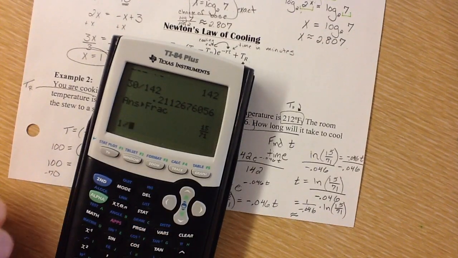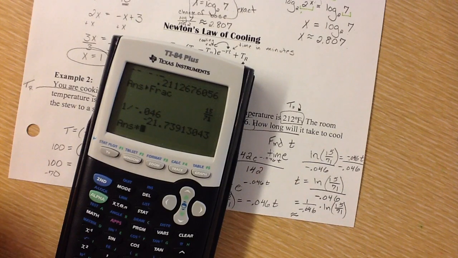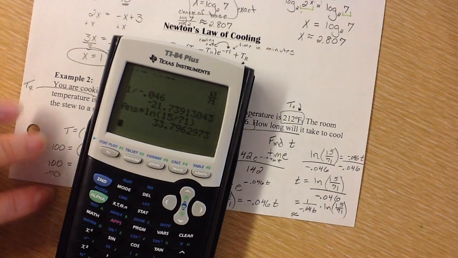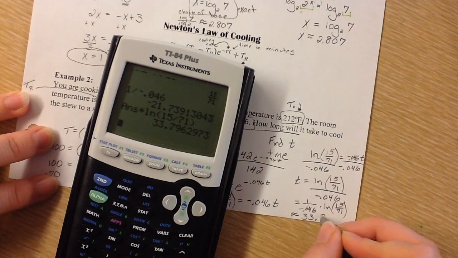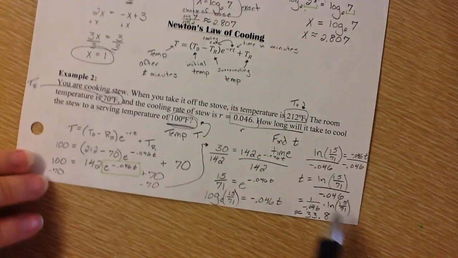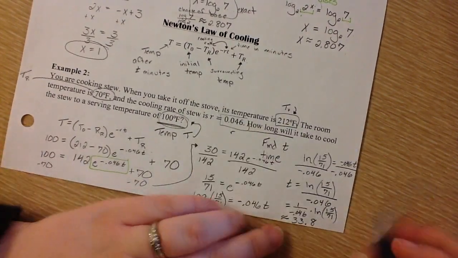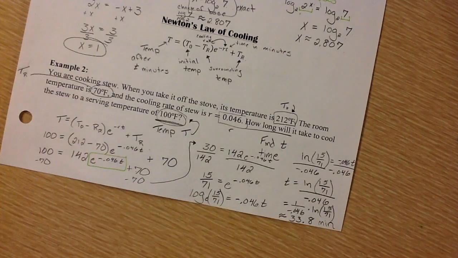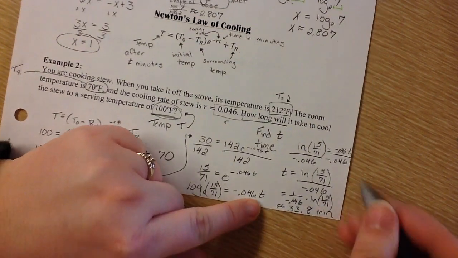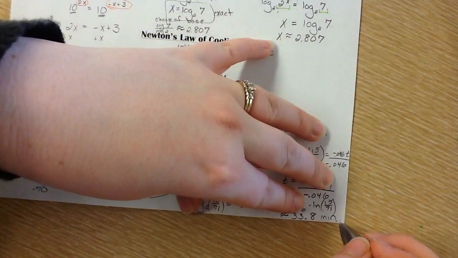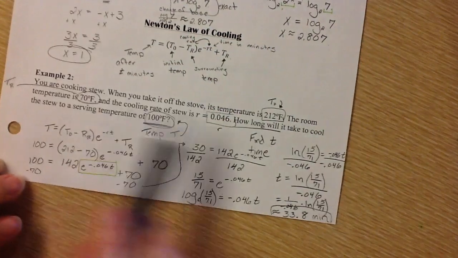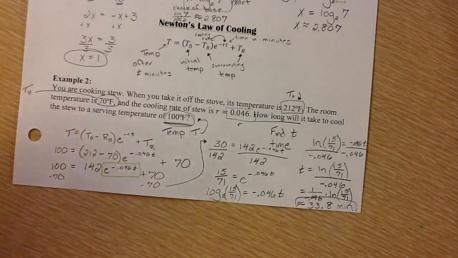So I need to take 1 divided by negative 0.046 and multiply that times the natural log of 15 over 71, and we get 33.8, and this is time in minutes, 33.8 minutes. Okay, so it will take 33.8 minutes for this to cool from 212 to 100 degrees in a 70-degree room.